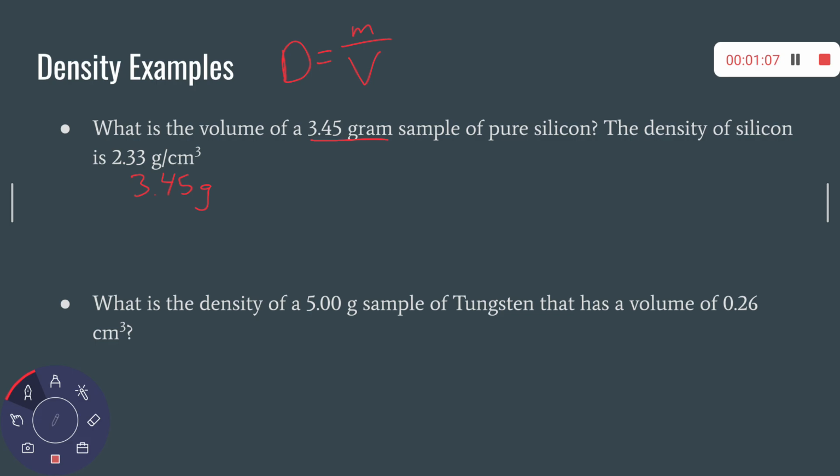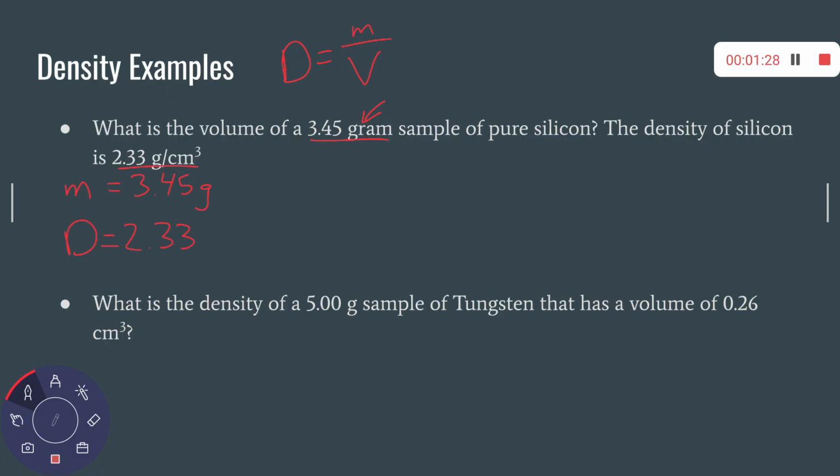And the way we tell that is through our best friend, the unit. Grams are a unit of mass. So if I know I'm in units of grams, I know this is my lowercase m, the mass variable in my density formula. We're also given this value, and the problem tells us that this is density.